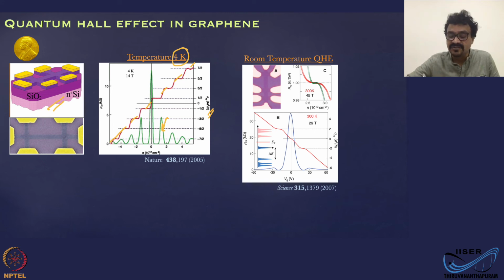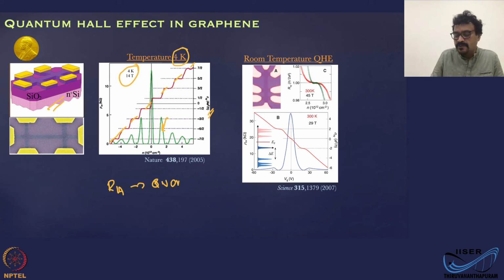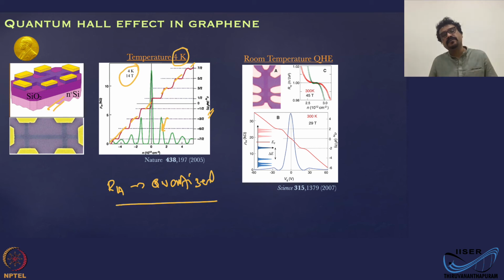All these, because this is not a really high field, all this together is going to give you a slightly different Hall effect, but still it is quantized. The Hall resistance RH is quantized. That is the point. It's quantized in this picture also.